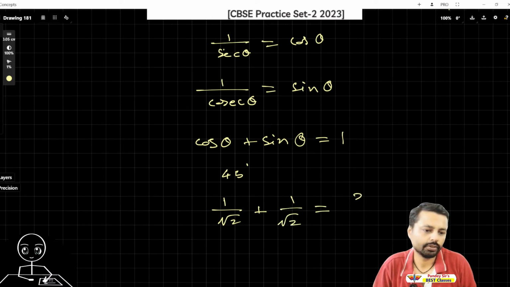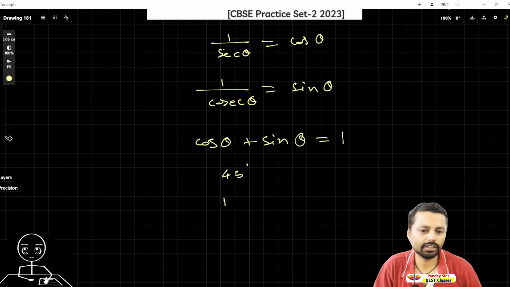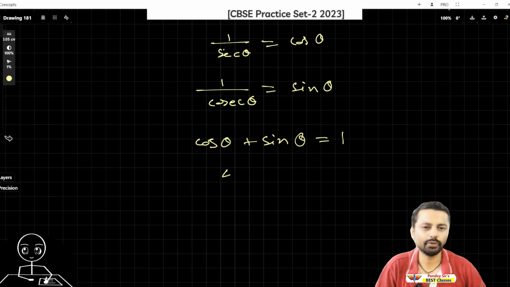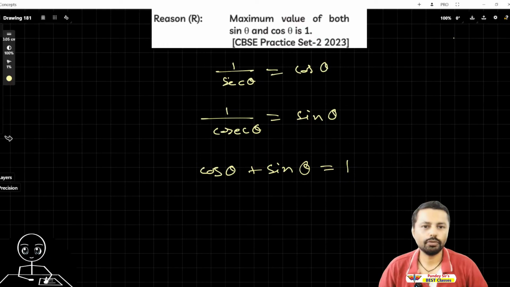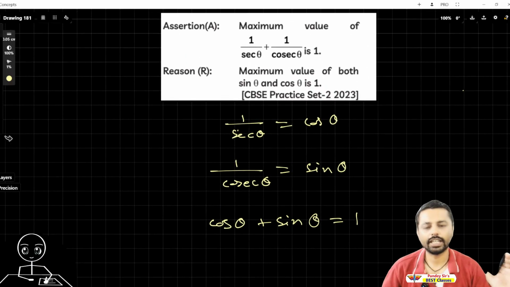That will become 2 by root 2, which is actually a small value. And at 0 degree it is 1. So both seem to be correct. Like assertion and reason both seem to be correct.